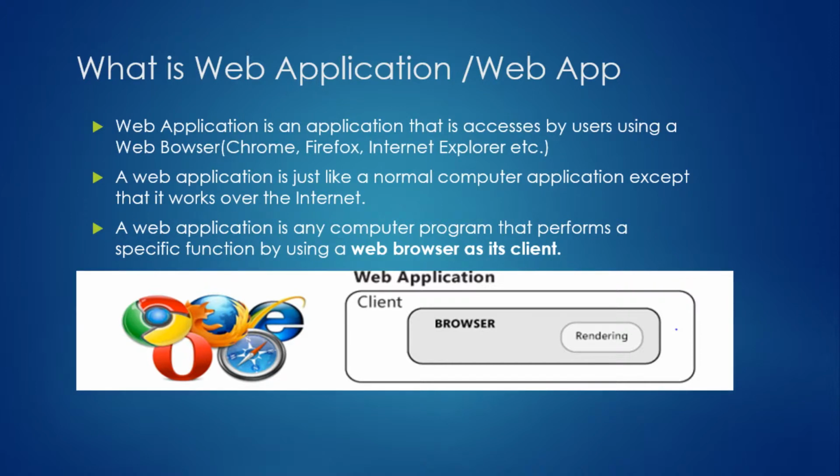Then what is a web application or web app? A web application is an application that is accessed by the user using a web browser. Whatever application is developed using ASP.NET or different technologies, that web application is basically accessed by what?